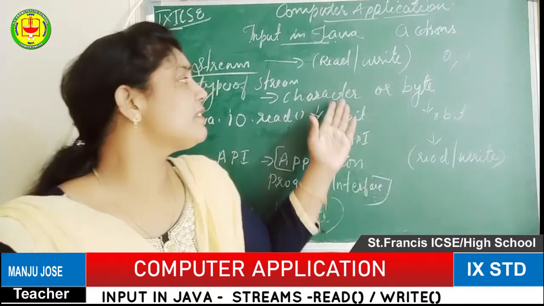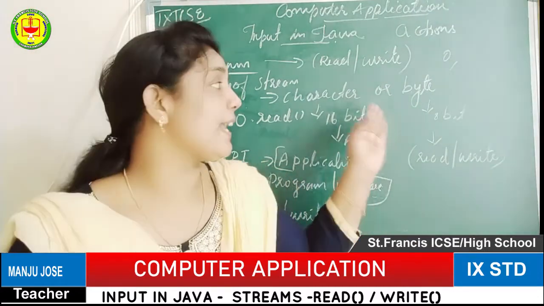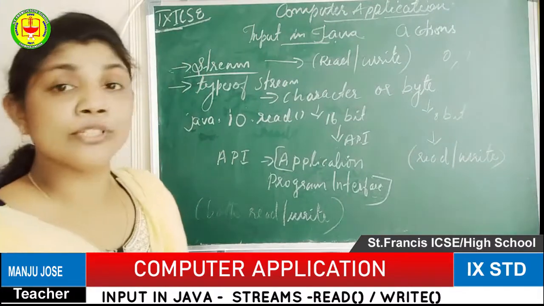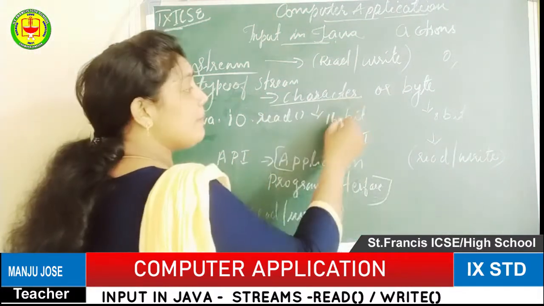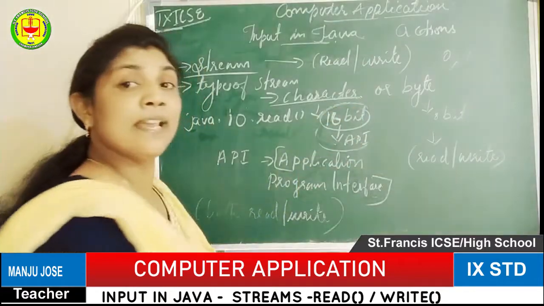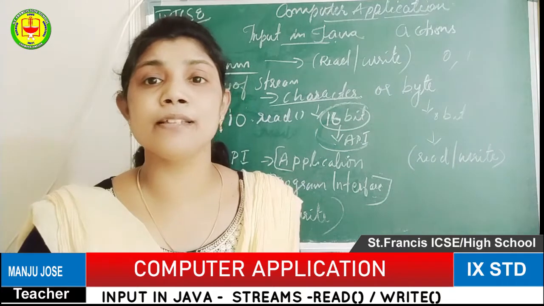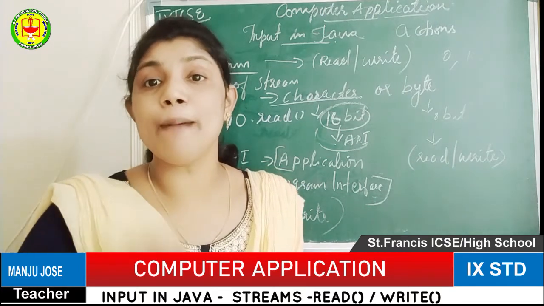This is the first type of stream option, the character stream. How does the character stream accept the data? The data will always be in a 16-bit combination. 16-bit combination means 2-byte data.